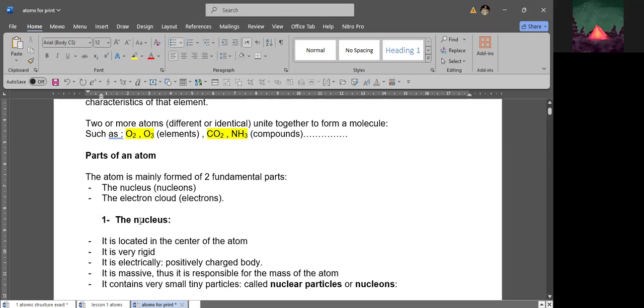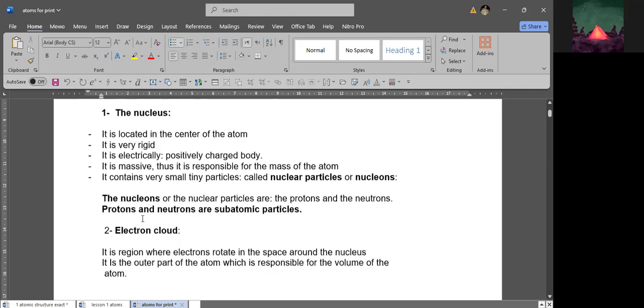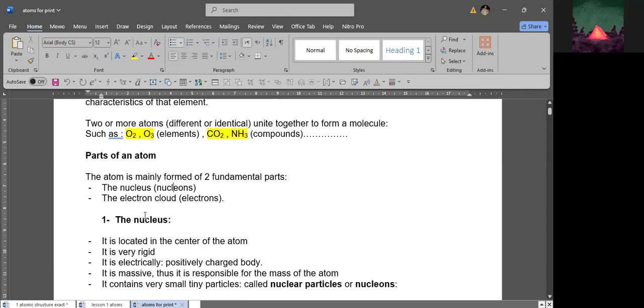The nucleus, what is a nucleus? What does an atom look like? An atom looks like a spherical body, like a ball. In the center of the ball, there is a body called the nucleus.